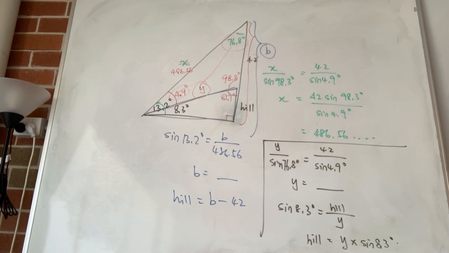I already found it using the other method, finding the side H, which is going to be B minus 42, right? Where is your B? This one, right? Minus 42. I got 67. Okay, let me see.